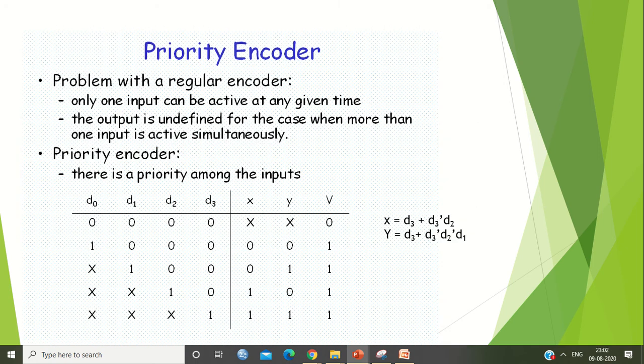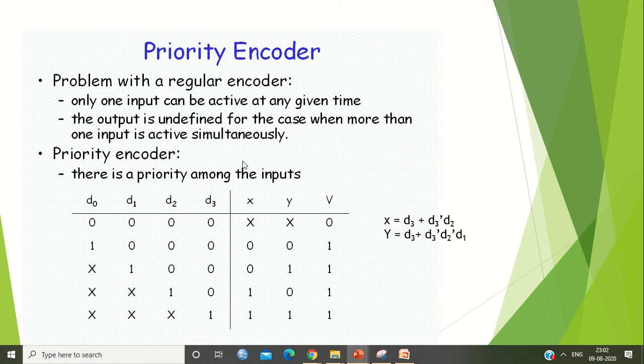So what is the need for the priority encoder? That is an important task that we have to study. If there exists a problem with encoders, what sort of problem exists, and why are we going for this priority encoder? The problem with regular encoders is that only one input can be active at any given time.